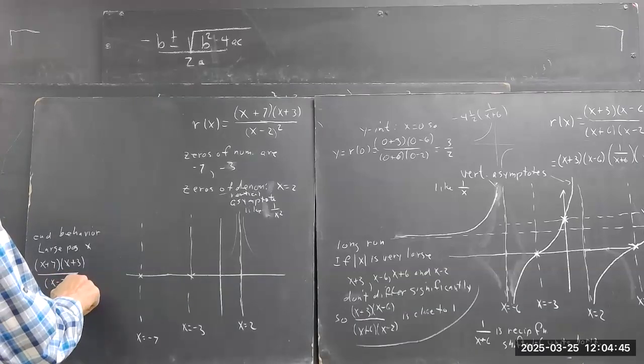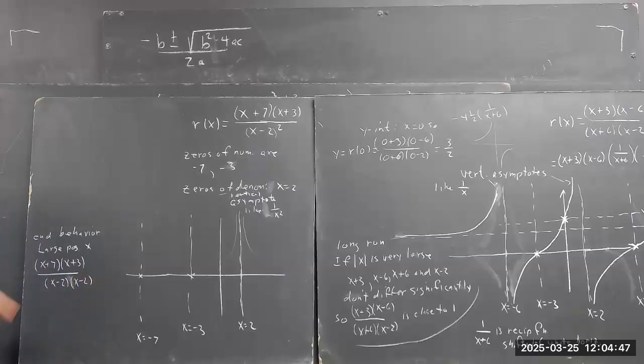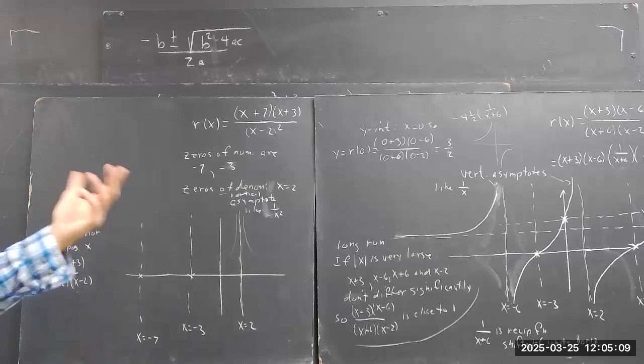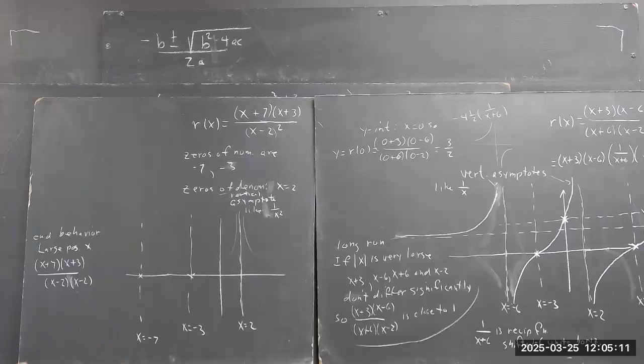And let me write that as (x minus 2) times (x minus 2). You see, again, we have a situation like we had before. If x is 1,000, then it's about 1,000 times 1,000 over 1,000 times 1,000, right? And if x is -1,000, well, it's -1,000 times -1,000 divided by -1,000 times -1,000. The numerator is still pretty close to being the same as the denominator.